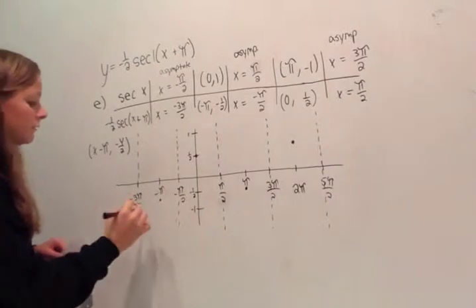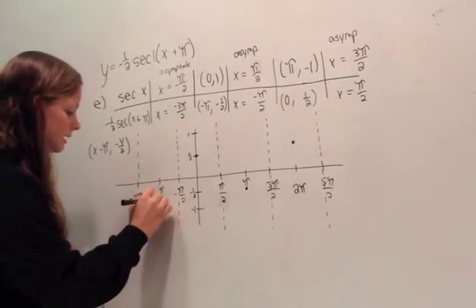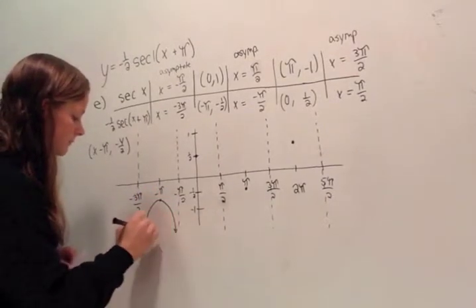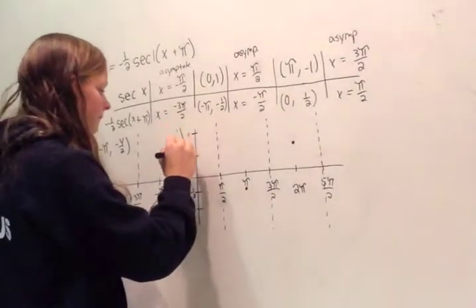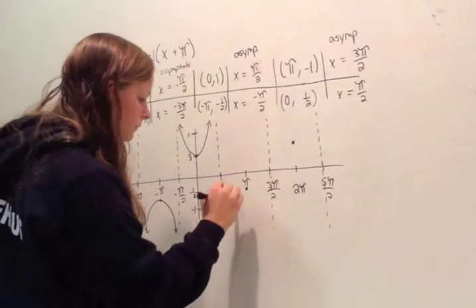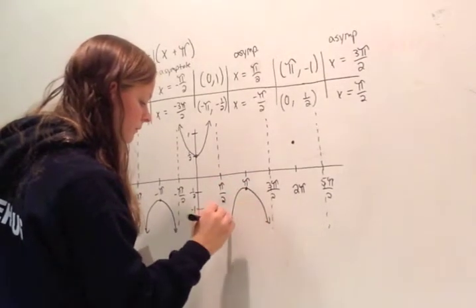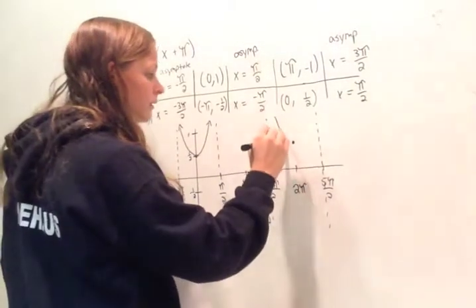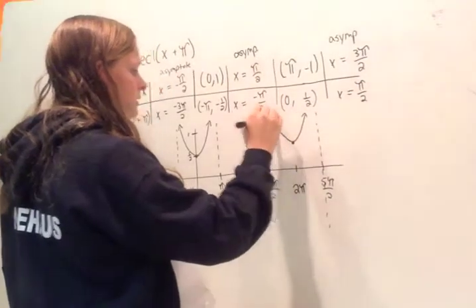So on a secant graph, you're going to draw it like this and stay inside of the asymptotes. And that makes 2 full periods.